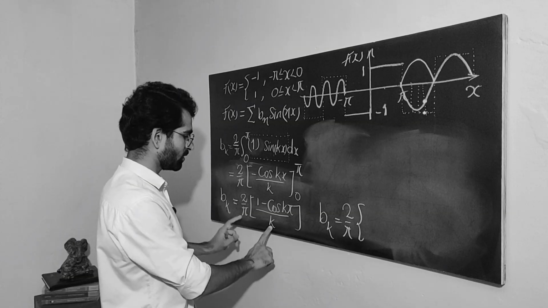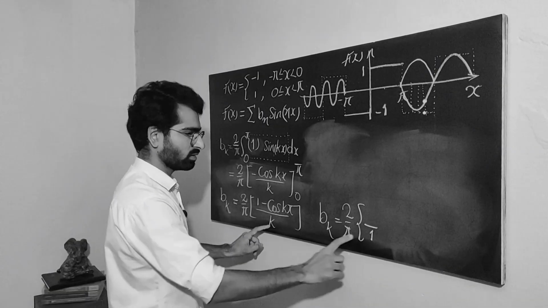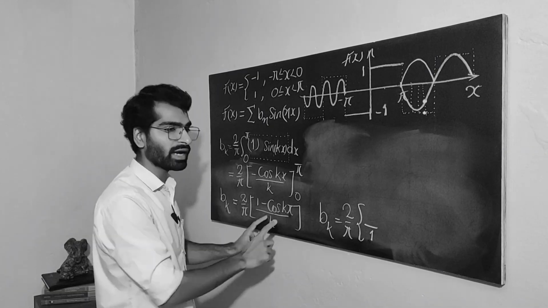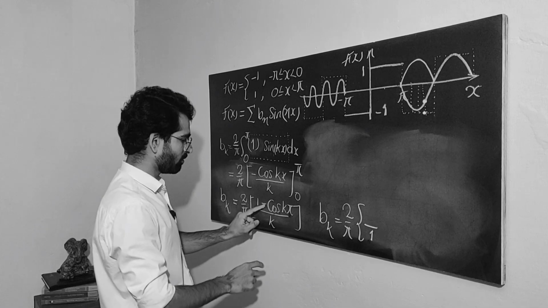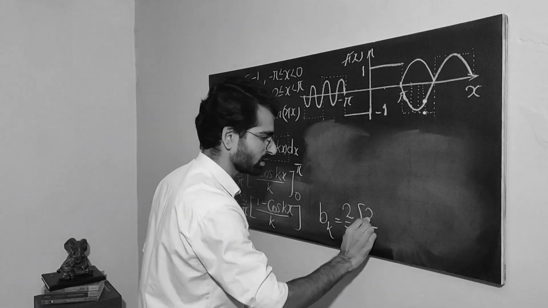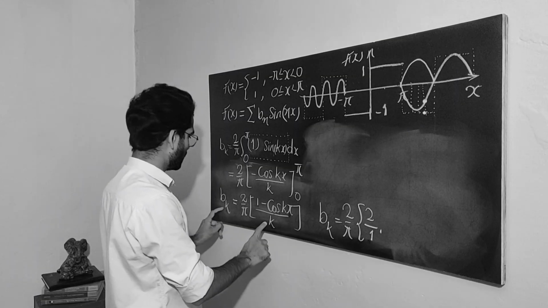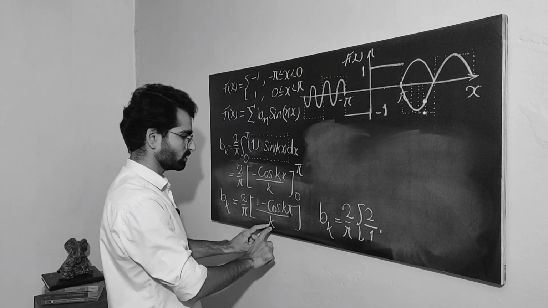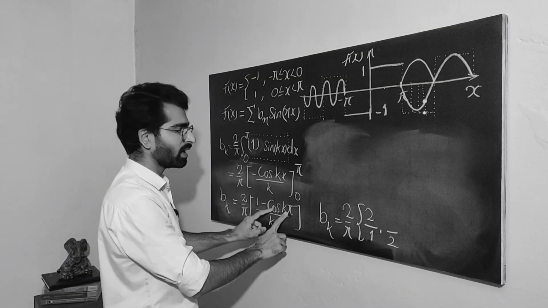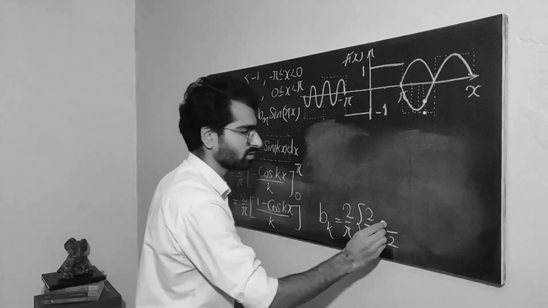So when I put k equals 1, the fundamental frequency, cosine of pi is minus 1, and I already have a minus sign, so this becomes 1 plus 1 gives you 2, and now I can find b2, so it becomes k equals 2, cosine of 2 pi is 1, so this will be 1 minus 1 gives you 0.